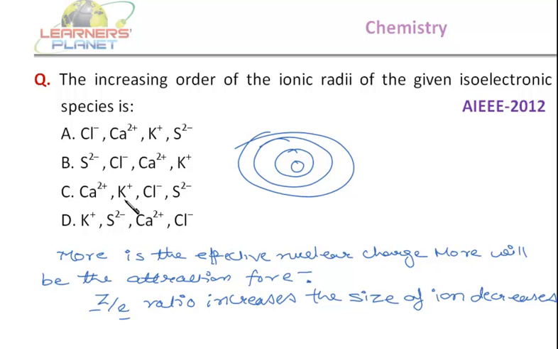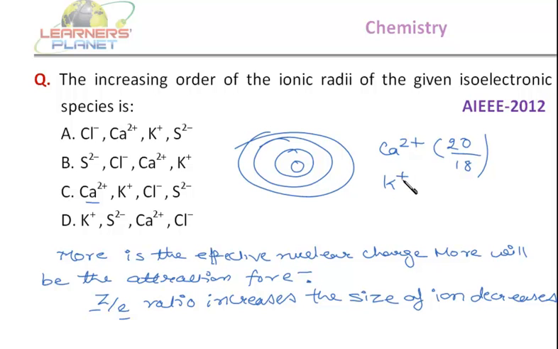Now, in this case, let's take up the Ca2+ first. So, calcium ion, what is the number of protons in this ion? It is 20. And the number of electrons here is 18.